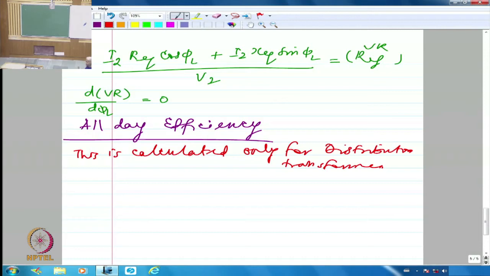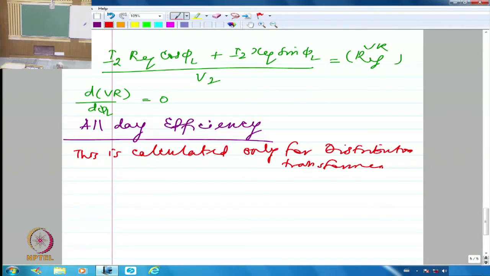Because it has a variable load, it's very difficult to say at what point you have to design it for maximum efficiency. So that's the reason why, when you want to install a distribution transformer, you tend to look at the load profile in that area, in the distribution area.